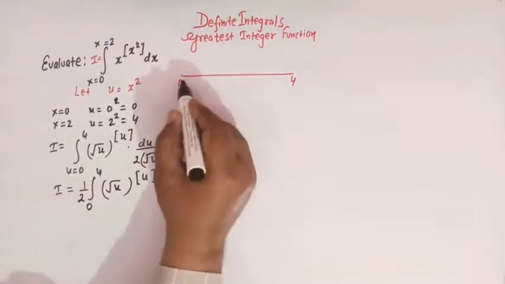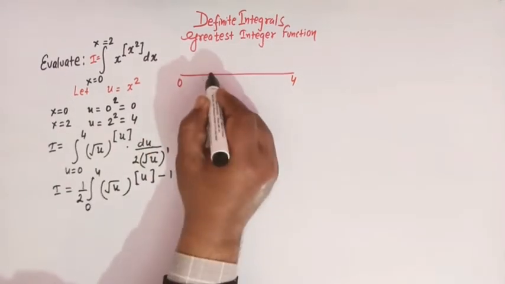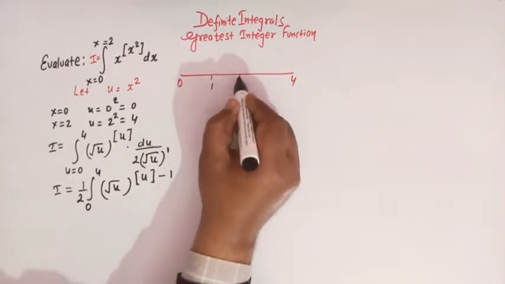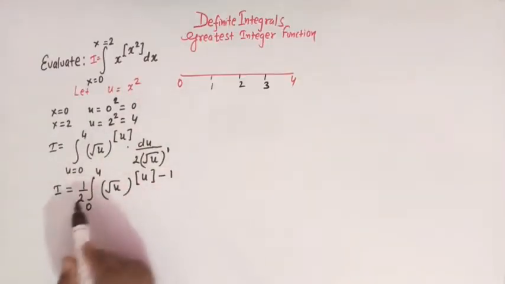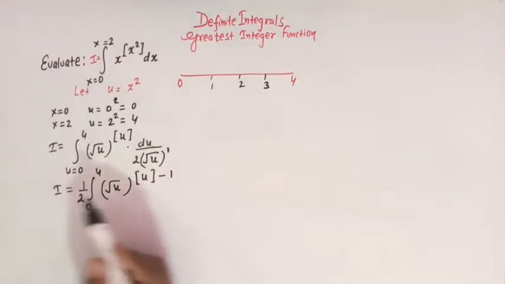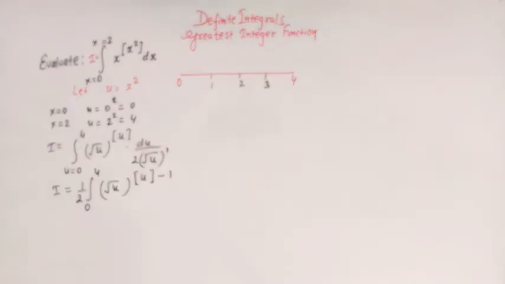Between 0 and 4 we have the integers 1, 2 and 3, so we have to split this integral I into 4 integrals.